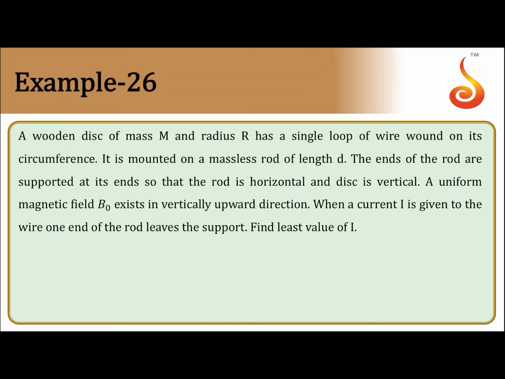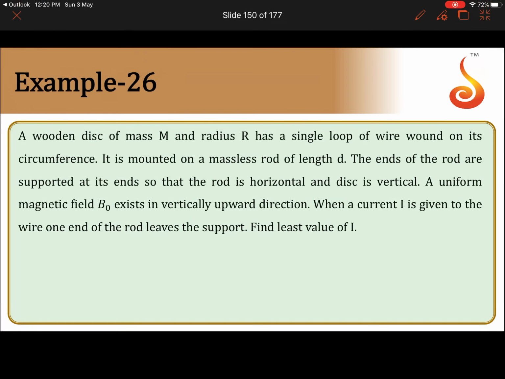Now come to question number 26. Question is: a wooden disc of mass m and radius r has single loop of wire wound on its circumference.